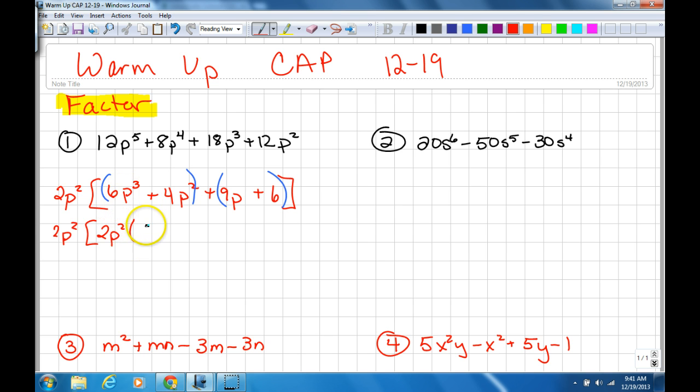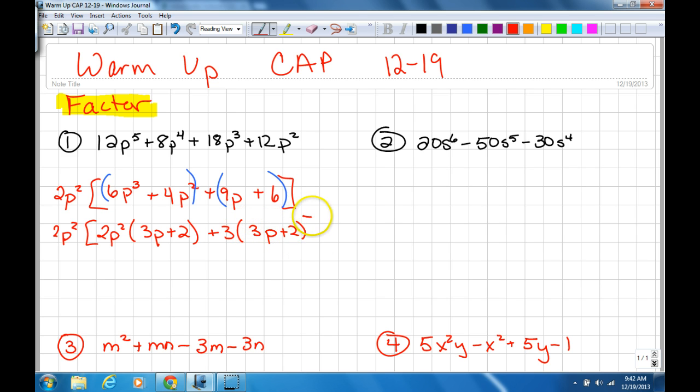So if I do that, I have a 3p plus 2. Out of the second group, what can I take out? I can take out a 3 from both of those, right? Because you can go further yet. So this will be a 3p plus 2.